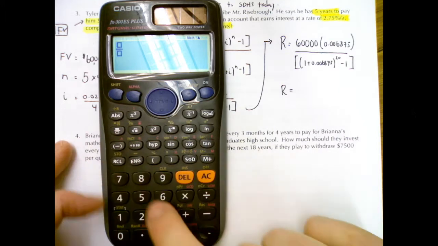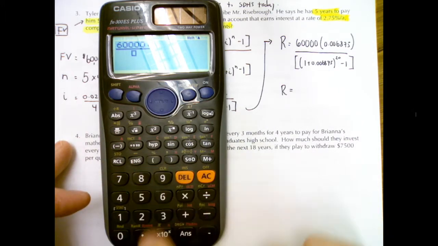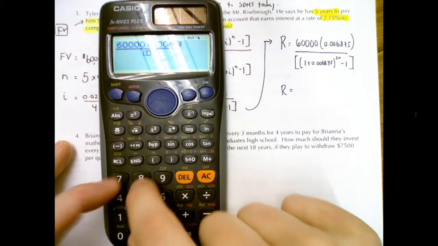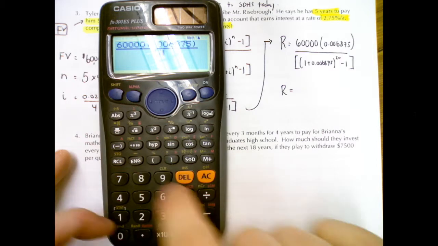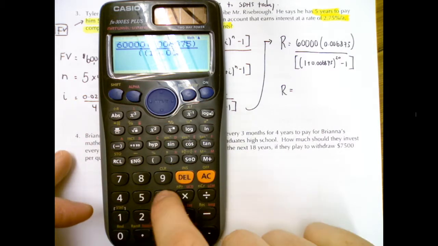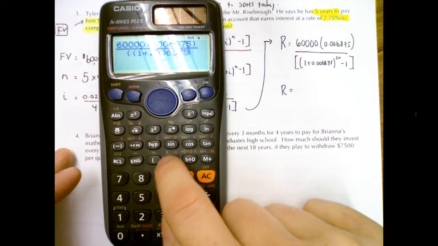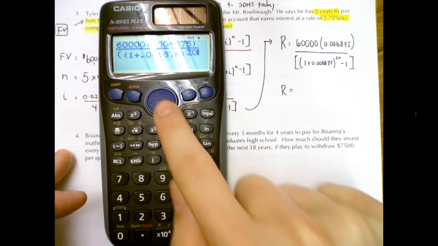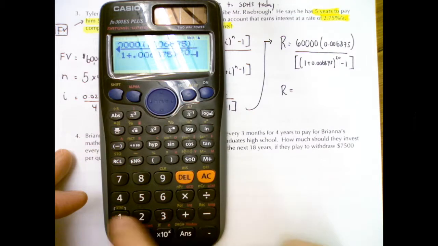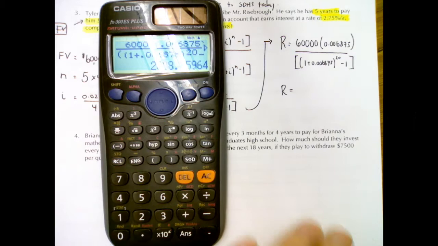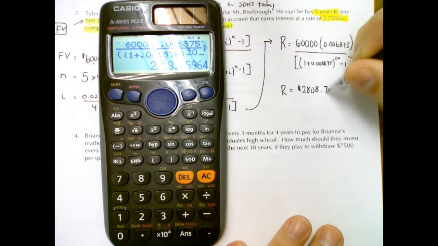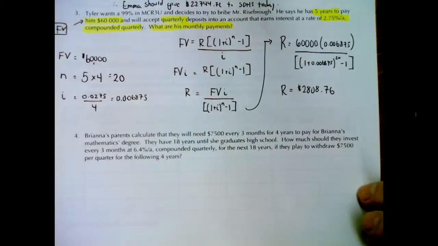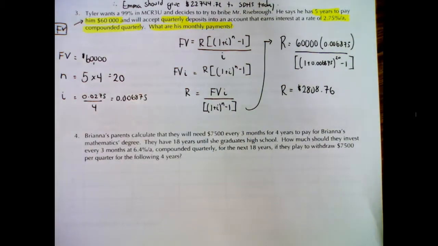Big fraction, we've got 60,000 times 0.006875, and in the denominator we've got 1 plus 0.006875, close bracket, exponent is 20, and we are subtracting 1, close bracket. And we end up with a regular payment of 2808.76. Hey, that's almost affordable. Good luck, Tyler.